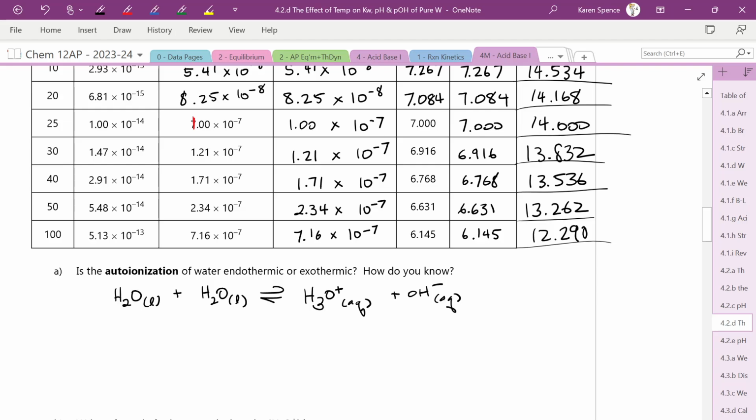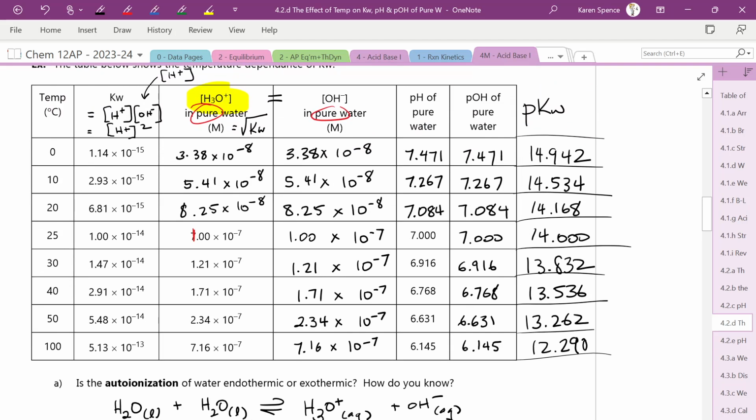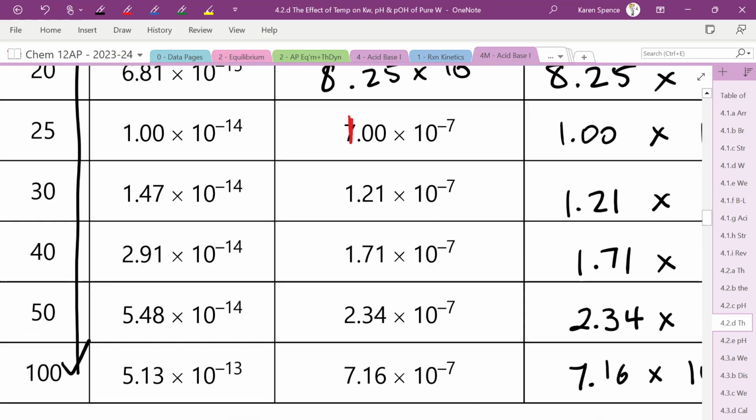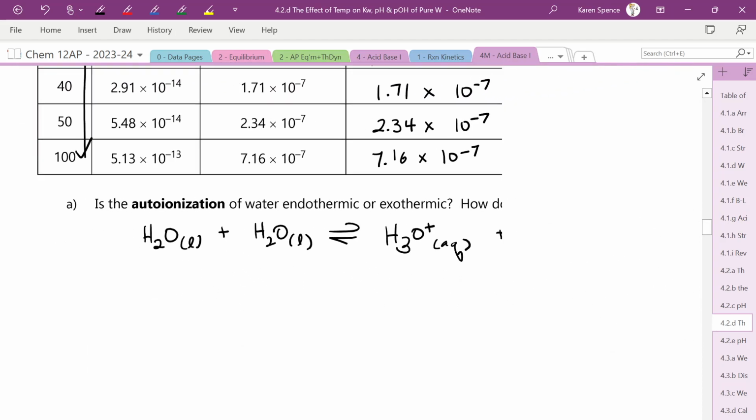Okay, what you want to do is you want to say, what is happening to Kw as temperature increases? As temperature increases, Kw increases.